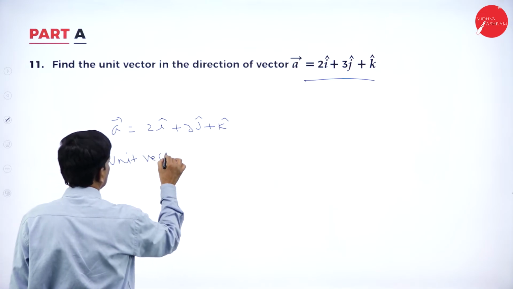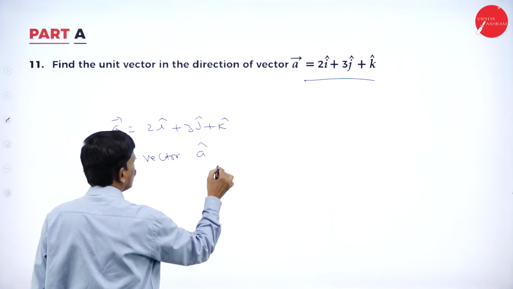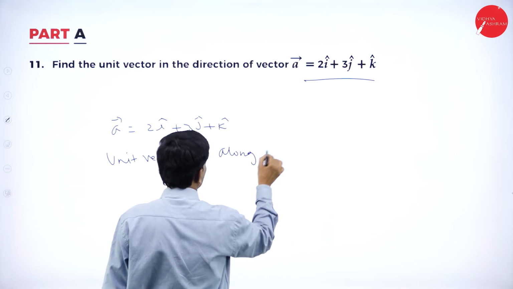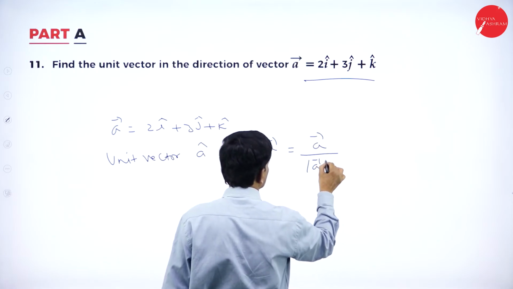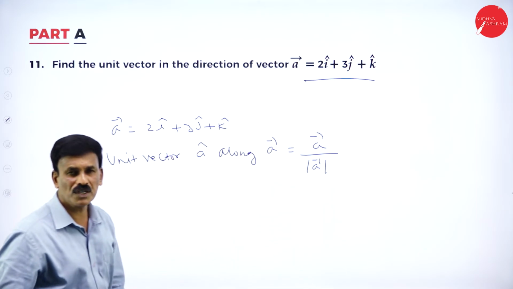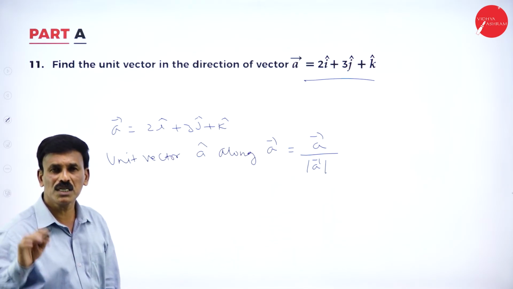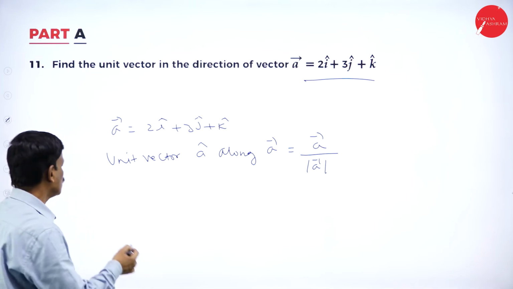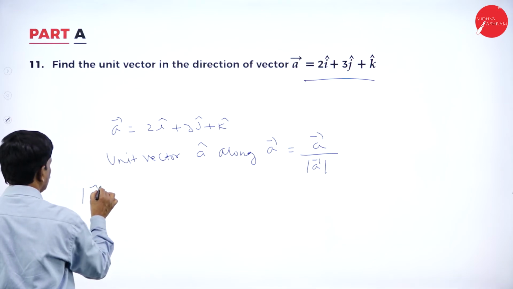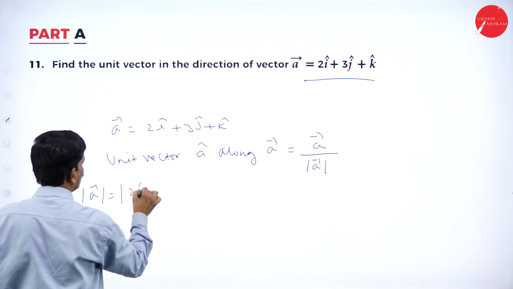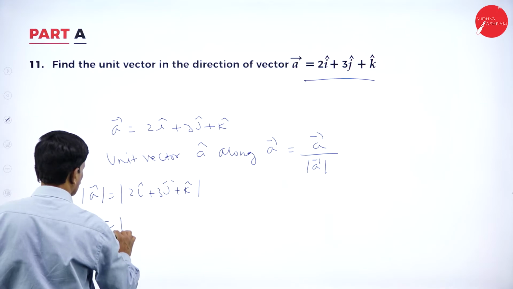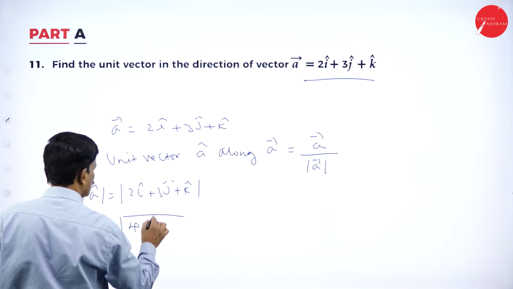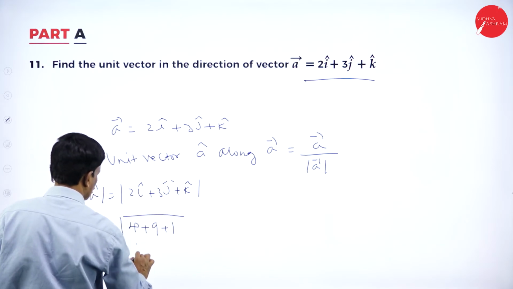Unit vector A cap along vector A is equal to the vector divided by its own length. That's it. Any vector divided by its own length will give the unit vector. Now find out the magnitude of A. Magnitude of A is magnitude of 2i plus 3j plus k. This is nothing but square root of 2 square is 4, 3 square is 9, 1 square is 1. This is 9 plus 1, 10 plus 4 is 14.